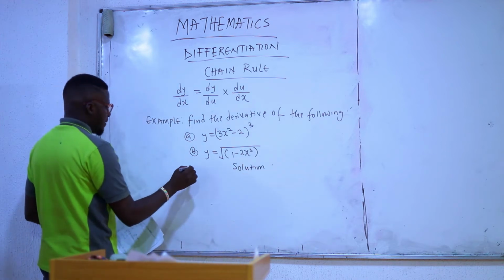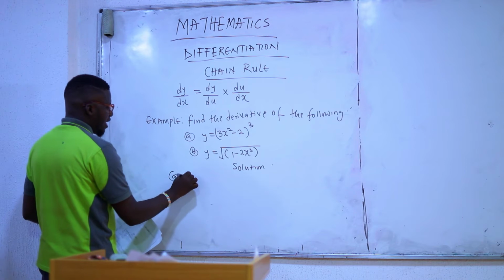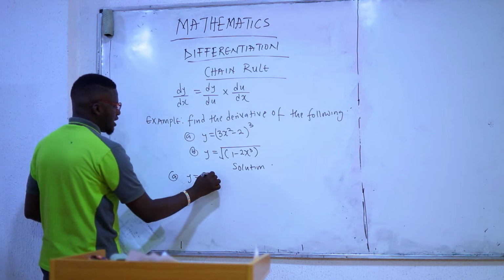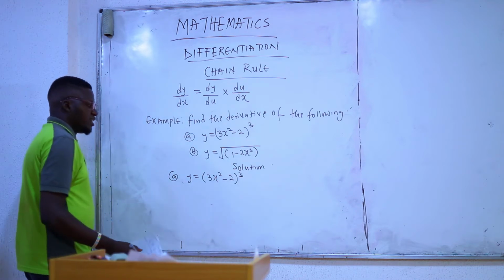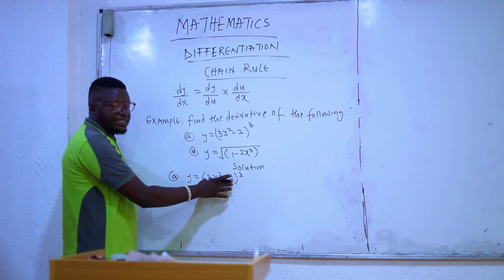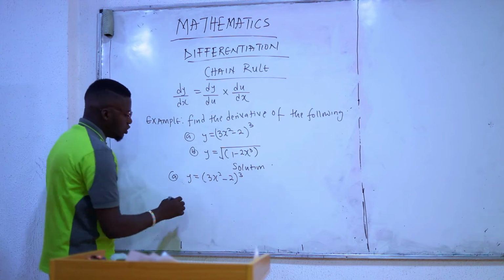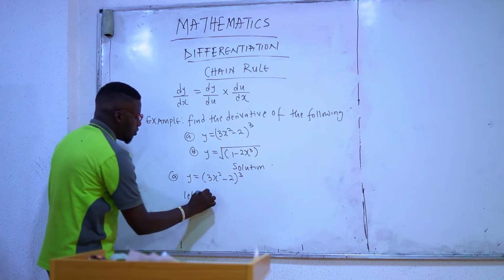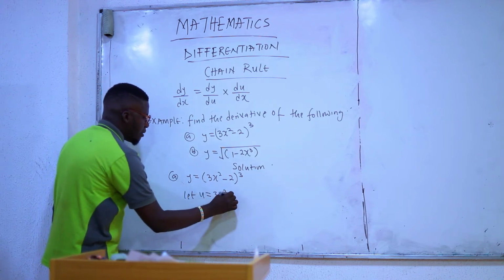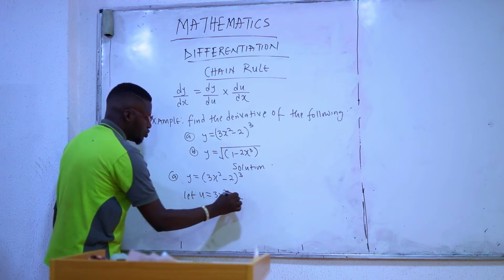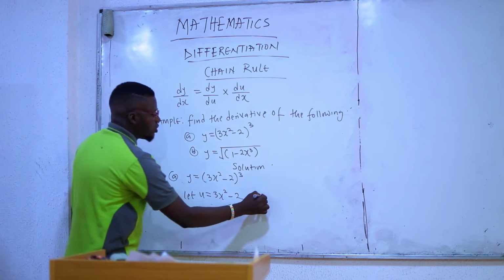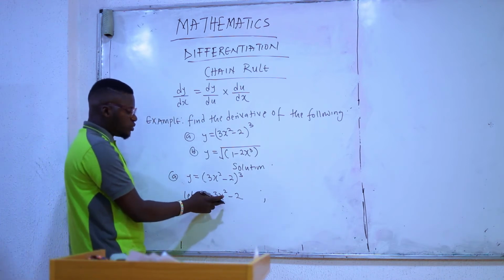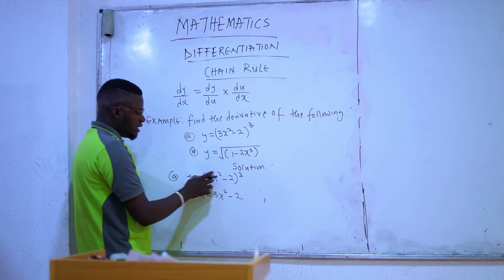So, I'll come here and say, that's A. I have my y is equal to (3x squared minus 2), all raised to power 3. Now, what is inside this bracket? Let it be equal to u. So let u be equal to 3x squared minus 2. Since u is equal to 3x squared minus 2, then what is my y?